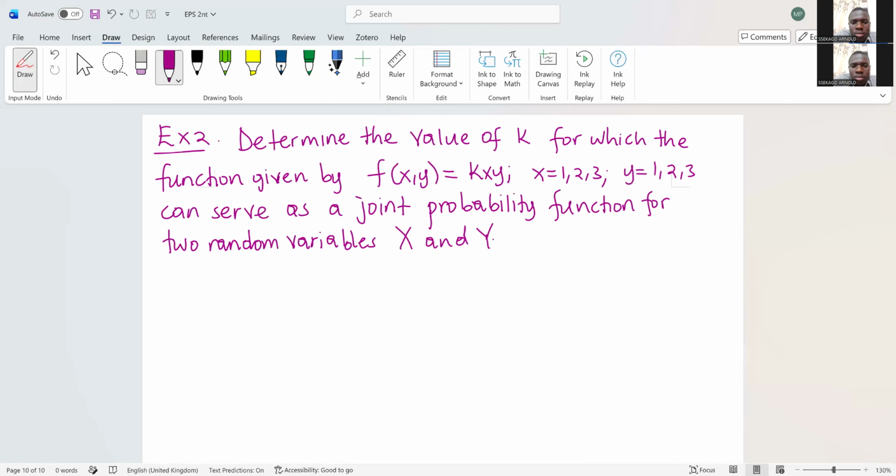So we want to find the value of k for which that function is a joint probability function.